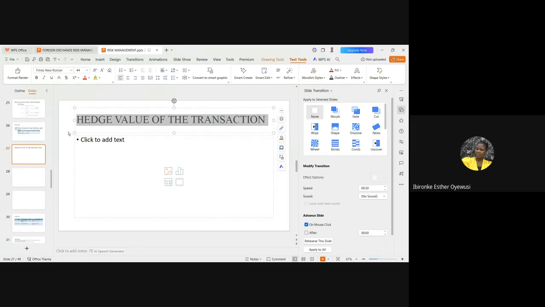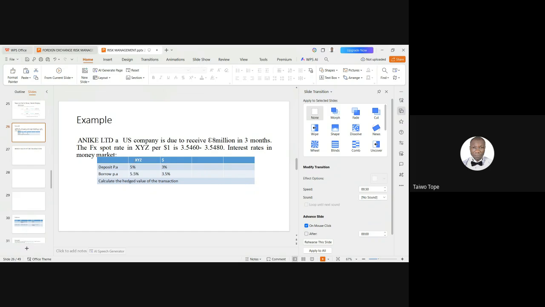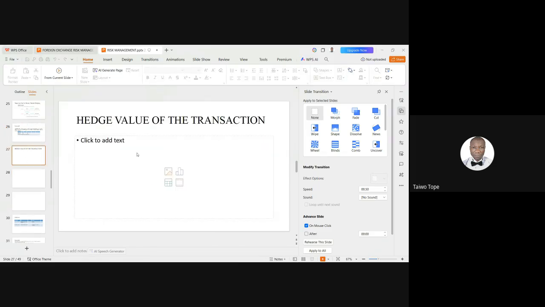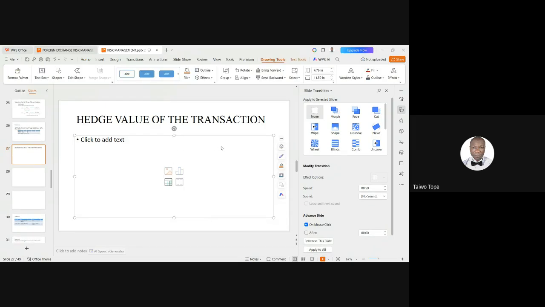This is the question, so that you understand where we are picking our figures from. So we'll follow that format.